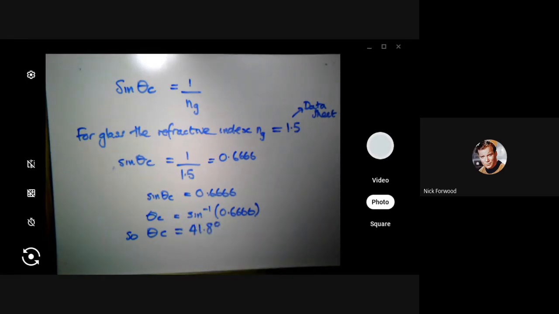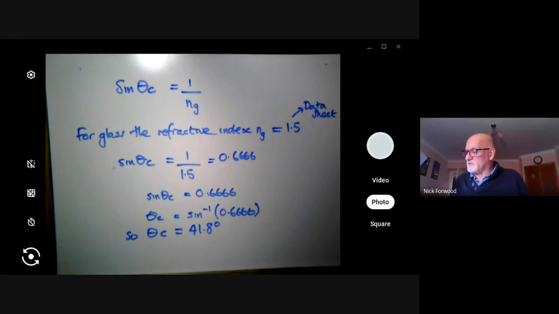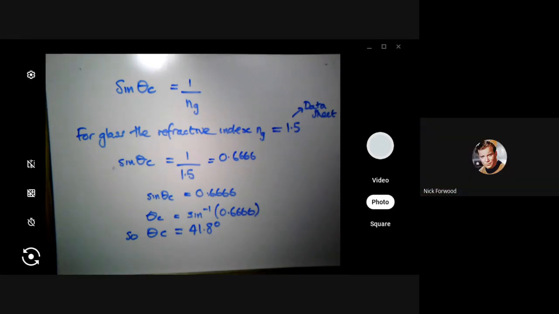It's actually not 40. I said it was about 40. It actually works out to be 41.8 degrees. So you now have an example of working out the critical angle of light in glass.